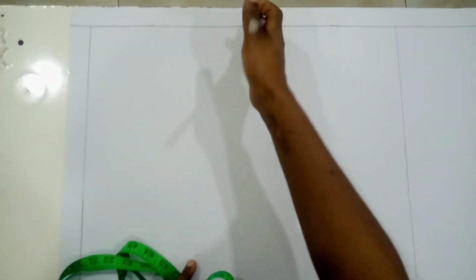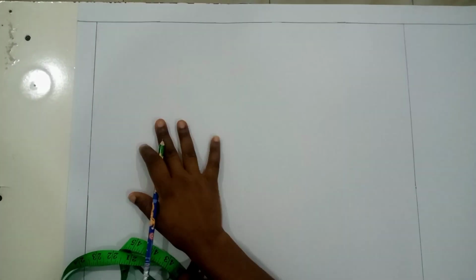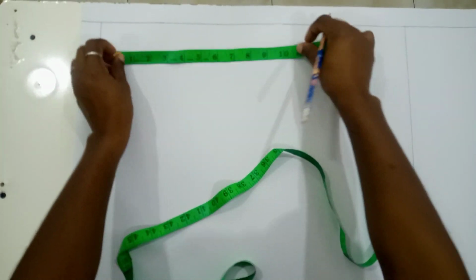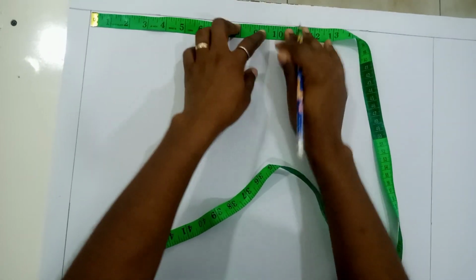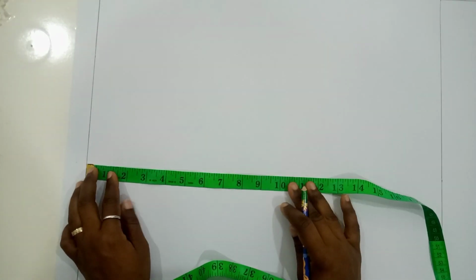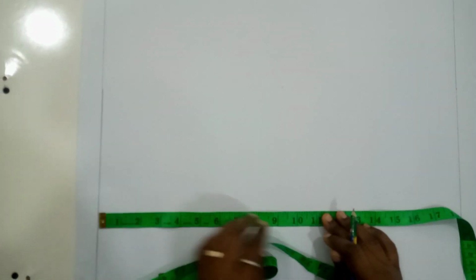So if we assume that this 18.5 now is half of the human body, we now have to further divide it into 2 again, so that we have half for the front, which will represent the 2 sides for the front, and half of the back, which will represent the 2 sides of the back. So 18.5 divided by 2 will give us 9.25. I'll also mark this, and then when I come back, we'll mark our half length, both front and back, and then we continue in the drafting.